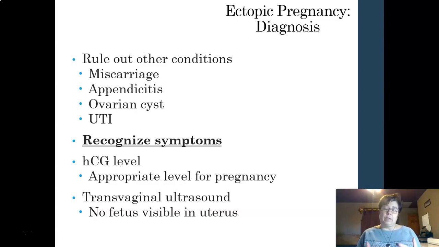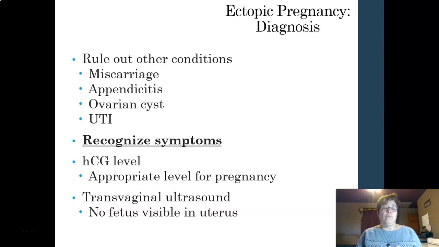If she's just complaining of general low abdominal pelvic pain, or an ovarian cyst that is causing some pain. So it's important that the nurses who work in OB in the ER are able to recognize the symptoms of an ectopic pregnancy so that we don't get to the point of the tube rupturing.